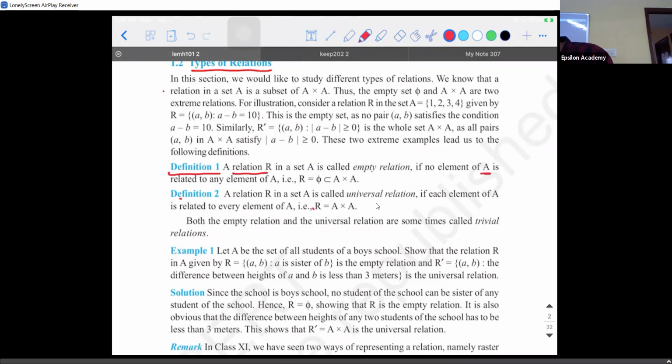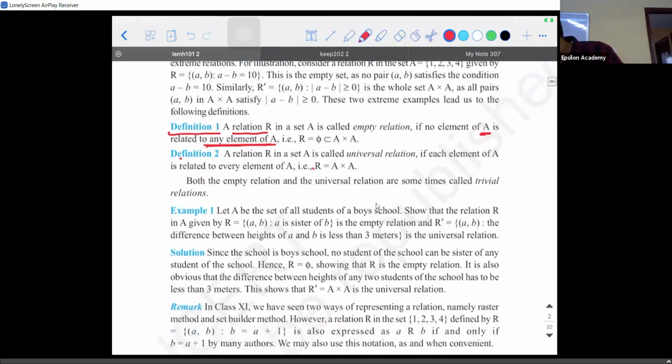If no element of A is related to any element of itself, then R is equal to the null set, which is a subset of, not A cross B anymore, rather A cross A. Then what about the counterpart of it?